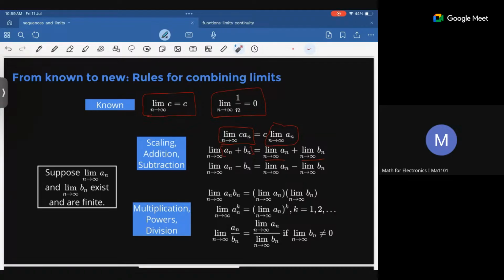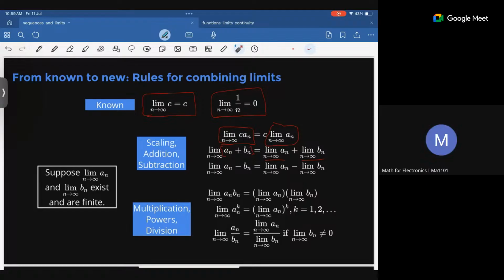Any doubt? Rama Prasad Ghosh, can you unmute if you have any doubt? Sir, can we have this lesson as a recorded one?